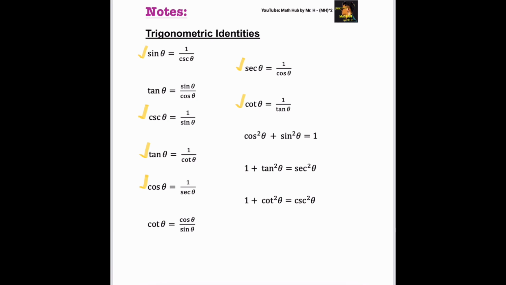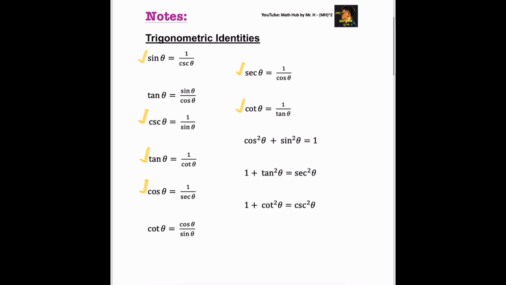All right, so we also have here the Pythagorean identities. So we have here cosine squared theta plus sine squared theta equals 1. Next is 1 plus tangent squared theta equals secant squared theta. And we have 1 plus cotangent squared theta equals cosecant squared theta.